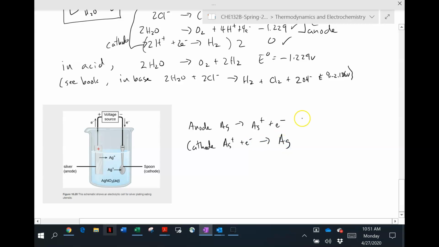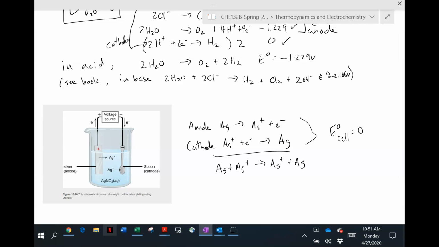Knowing those cell potentials, which you looked up before, E0 for the cell is going to be 0. So to drive this reaction, we're going to put energy in, and again, it looks a little silly to write it this way, but we're going to put energy in to drive this reaction forward.